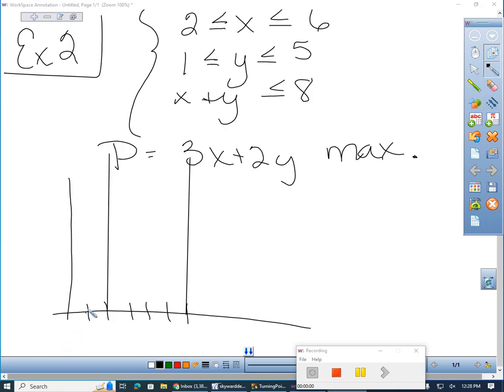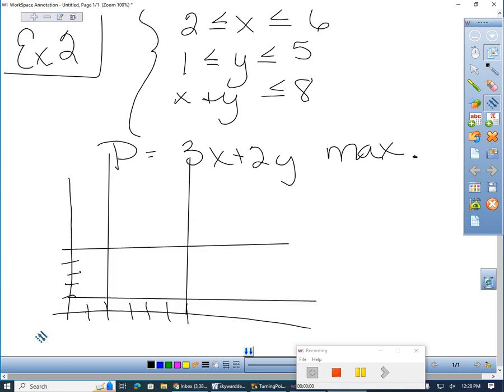Now I have 1 is less than or equal to y, less than or equal to 5. Those are horizontal lines. That's going to go this direction at 5 and at 1. And it is shaded in between there. So right now, we technically are shading inside this box right here, right?